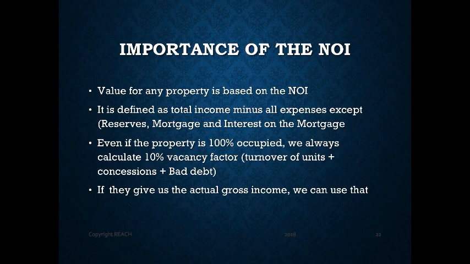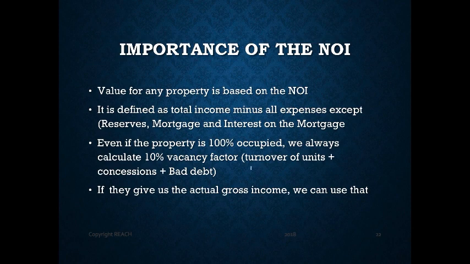Okay, so the importance of the NOI. I said we'd come back to this. The value of any property is based on the net operating income. And we already talked about it's defined as total income minus all expenses except reserves, mortgage, and interest on the mortgage.